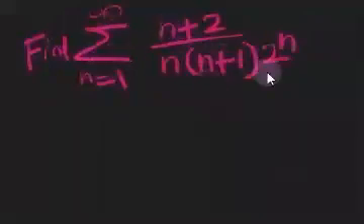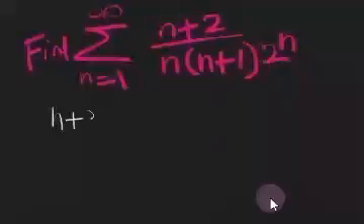So here we have a rational function, so we can split this one into partial fractions. So let's do that part first, right? So here you have (n plus 2) divided by n times (n plus 1).